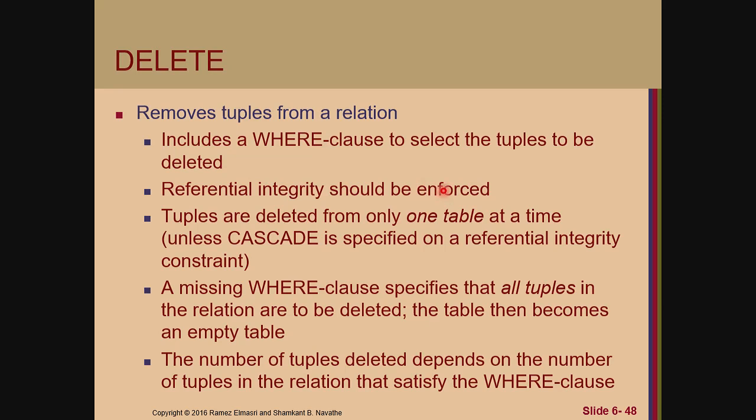If the delete command violates the integrity, sometimes the delete command will be rejected, or they follow the constraint. For example, tuples are deleted from only one table at a time unless cascade is specified on the referential integrity constraint. If you set the cascade when you delete from the original table, the cascaded rows will also be deleted, or set null or set default. It depends on your condition.